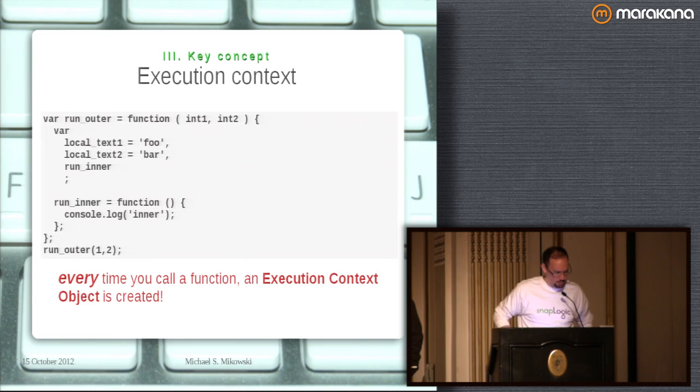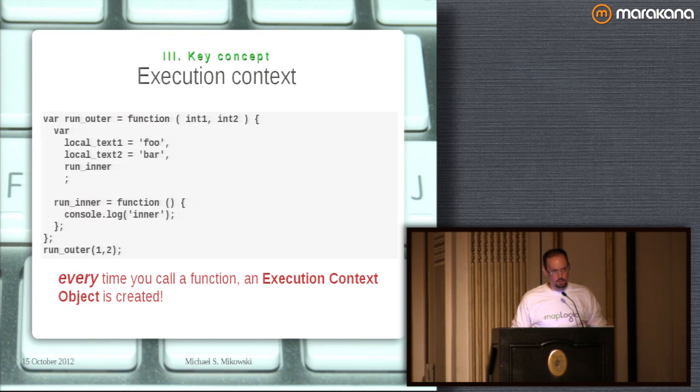Okay. So let's talk about the execution context object. This is the thing that most JavaScript books or online guides seem to skip over because it's just plain too hard to explain. However, it's kind of the kernel of how JavaScript works, right?